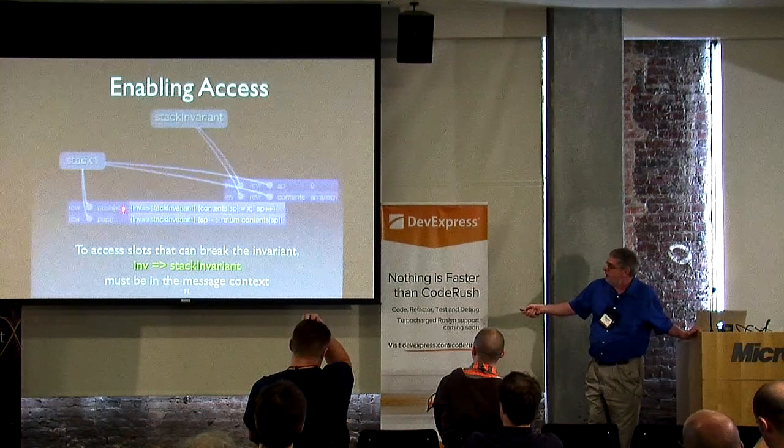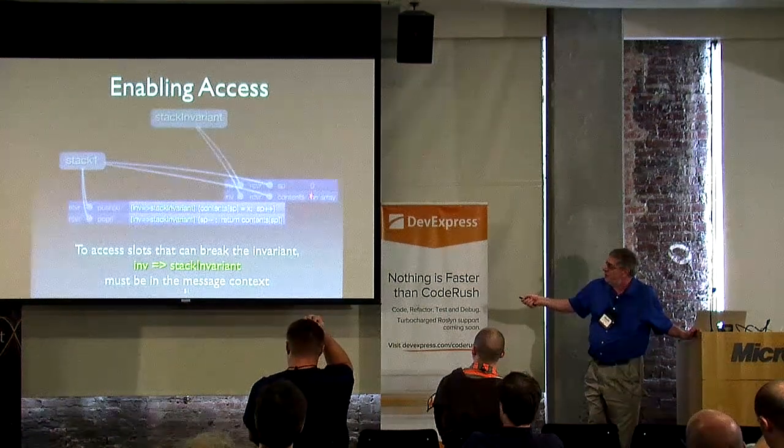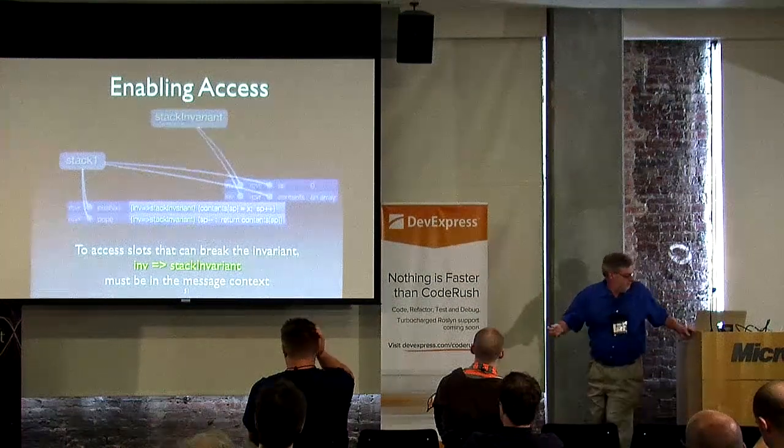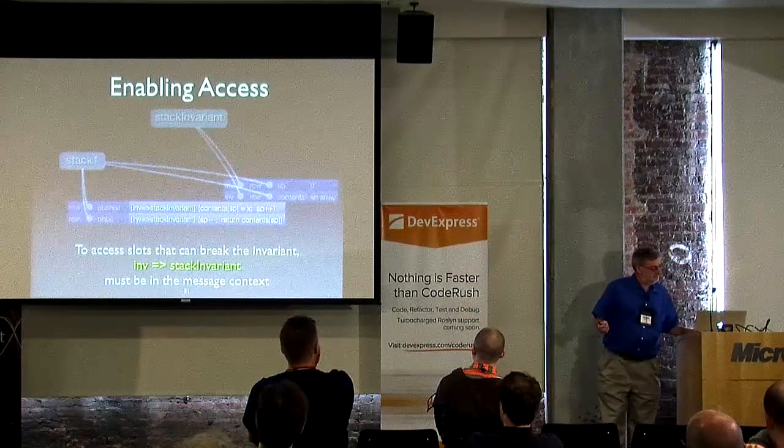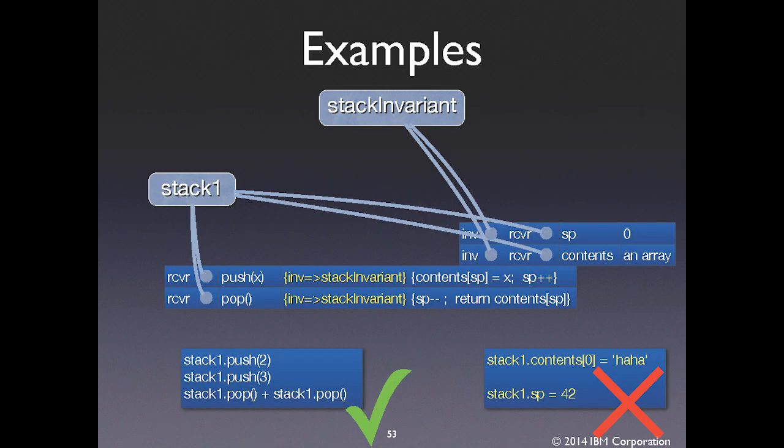Now, these slots can access the stack pointer and the contents parts of the stack. And now, if we look here, so far pretty good. This still works like we want it to. These things don't work. They won't even see these slots. We'll get the equivalent of message not understood in Smalltalk in the dynamic world because they don't have the right context.